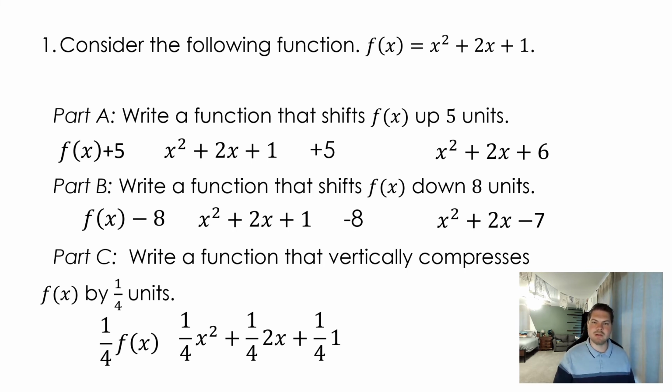The only thing that'll mostly change is where we have our 2x, because 2 times 1/4 is 1/2. So it would look like this. All right, hopefully you followed along. Feel free to pause and take a moment to write this all out.